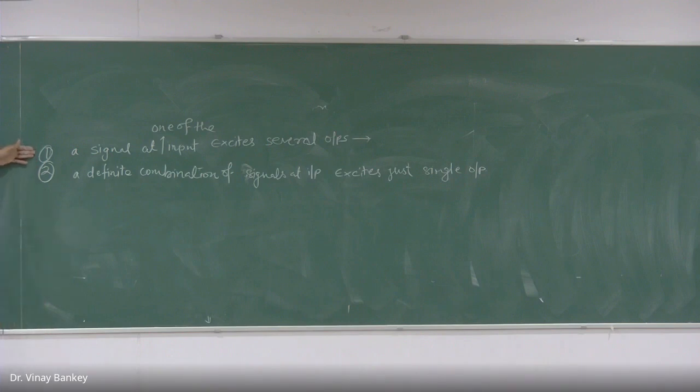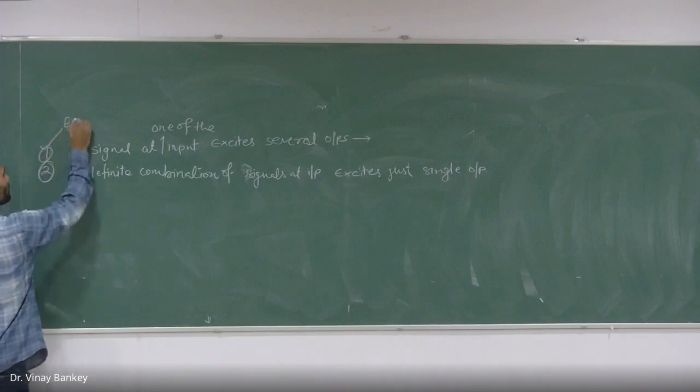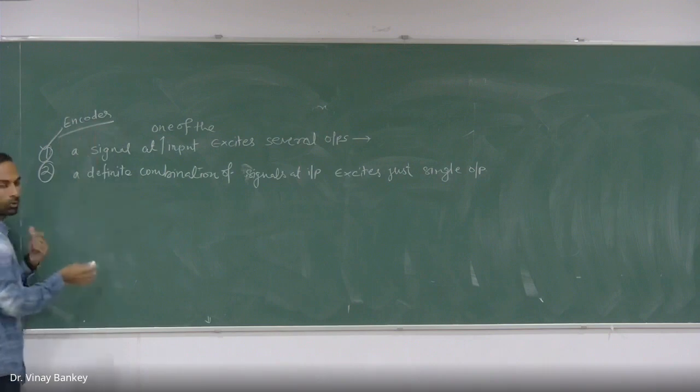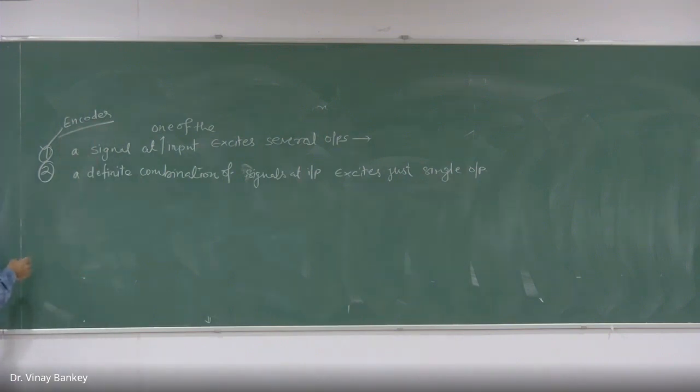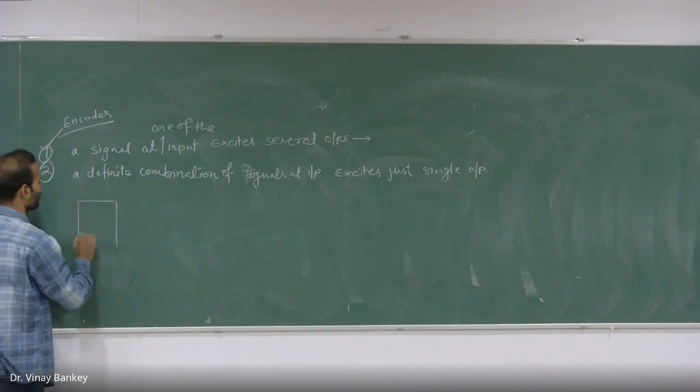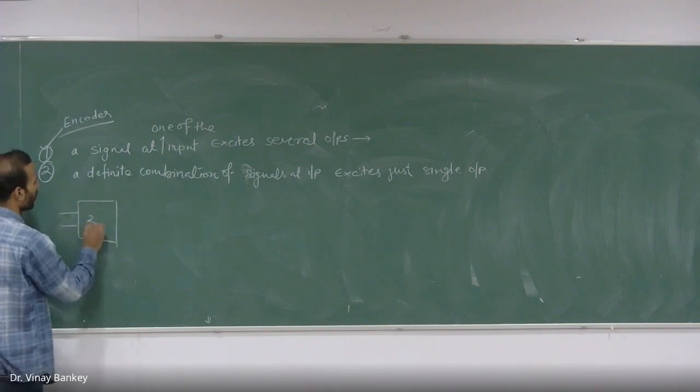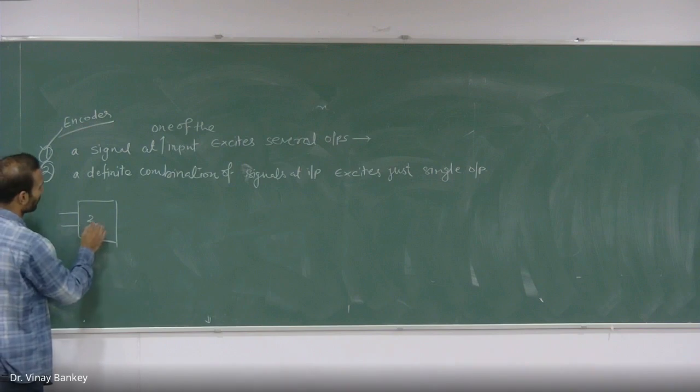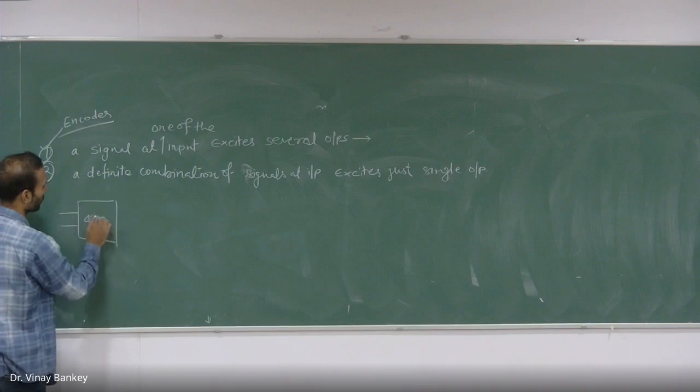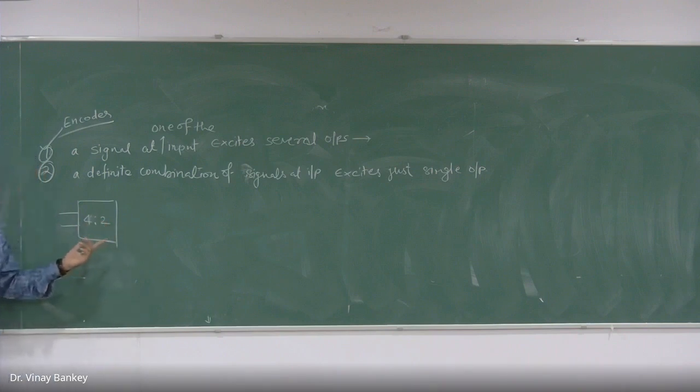So tell me, first statement satisfies which one? Read it carefully. If I say this is for encoder, is it true? Why? What is the structure of encoder? 2 cross 1 obviously, or 4 cross 2. 4:2 encoder.